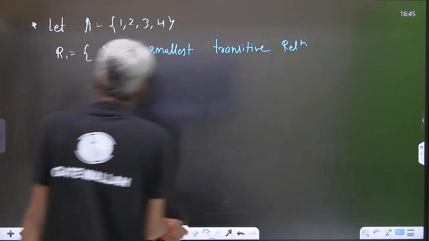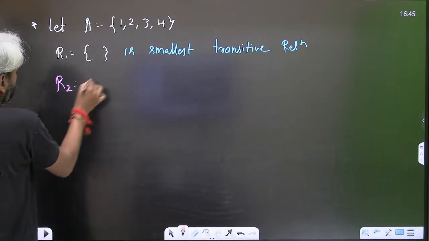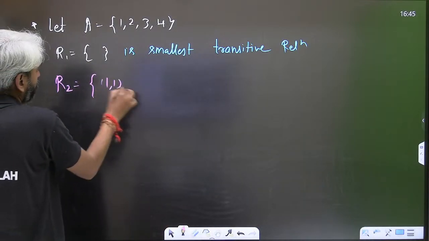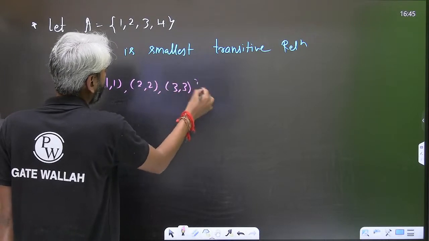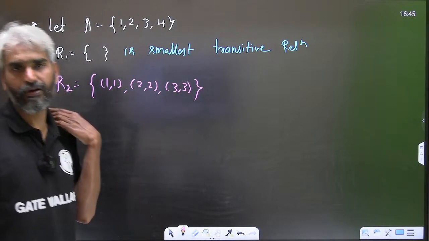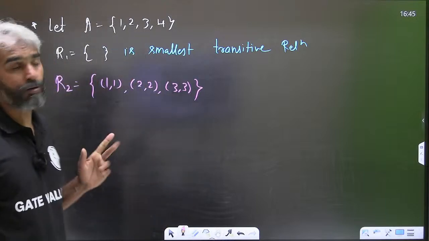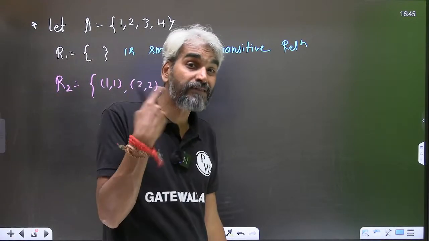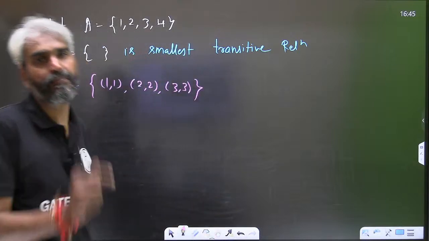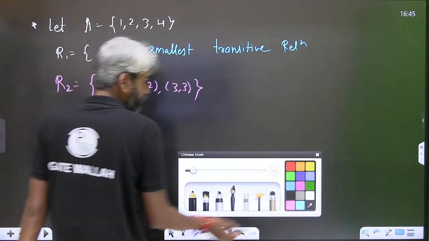What about another relation? If I take R2, there will be no problem because of the presence of diagonal ordered pairs. Because of the absence of some of the diagonal ordered pairs, there may be a problem. Please try to understand.